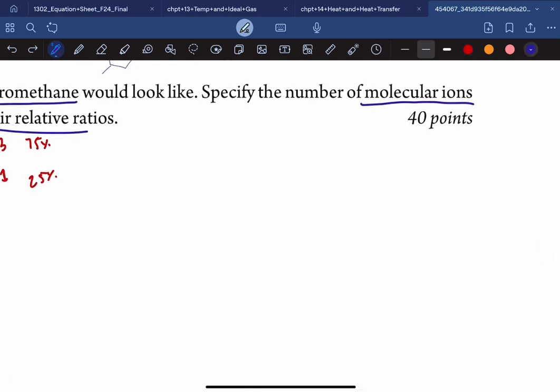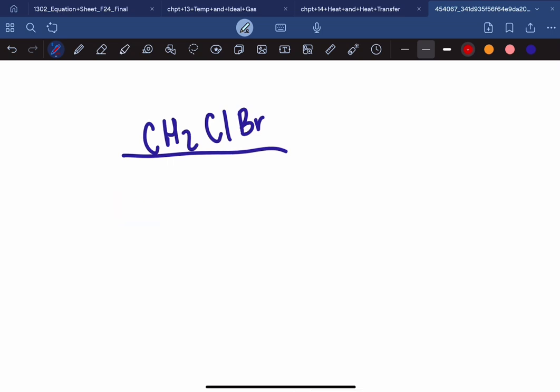So we have CH2ClBr. This is what we're working with. The first isotope we're going to work with is Cl-35 and bromine-79.